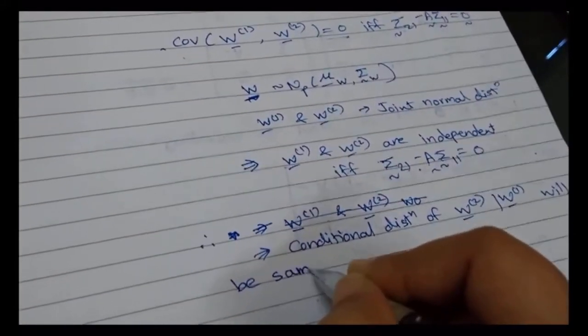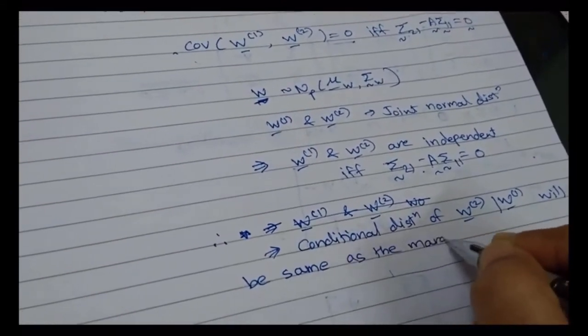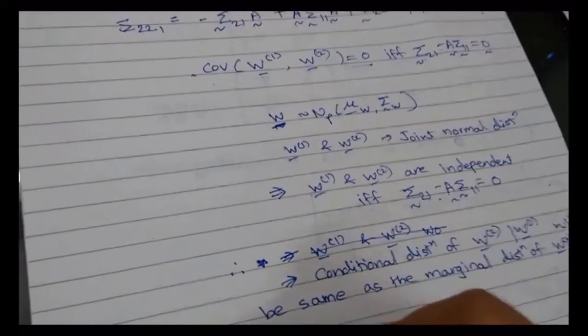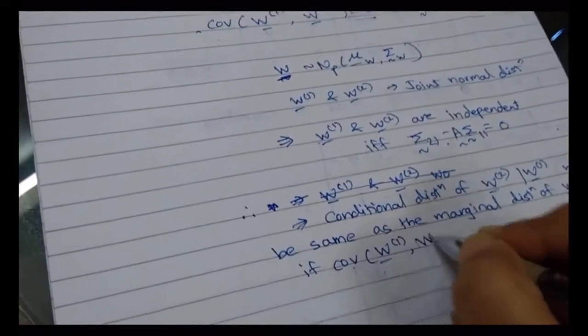So I won't need a different derivation. Of course, if the covariance between W1, W2 is 0.